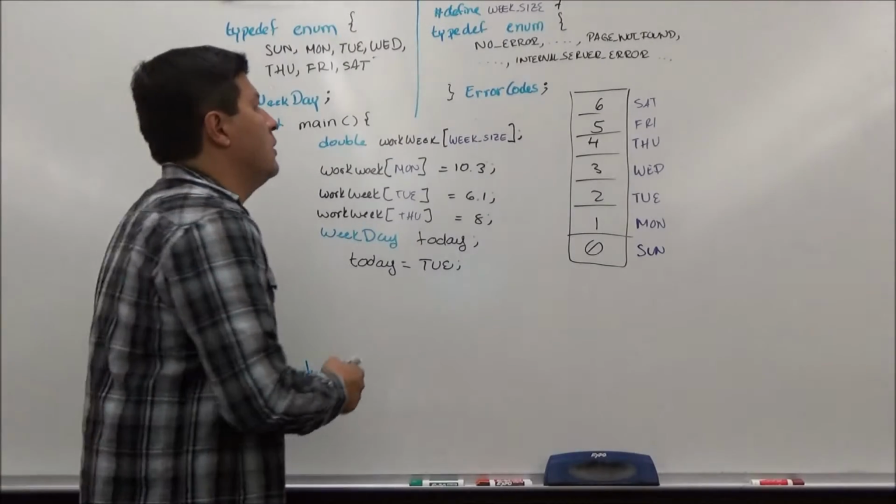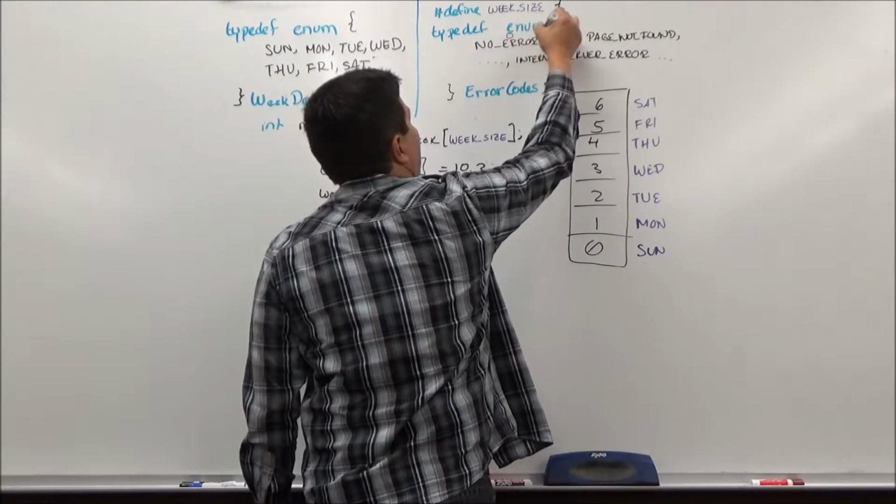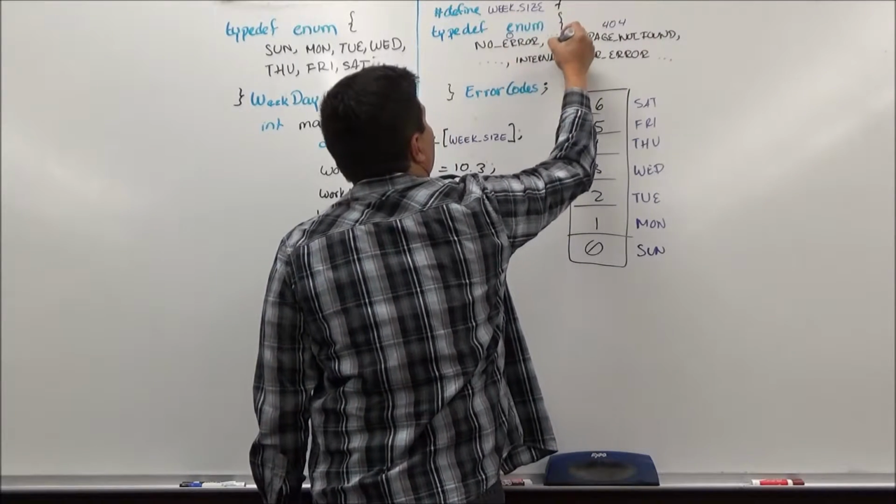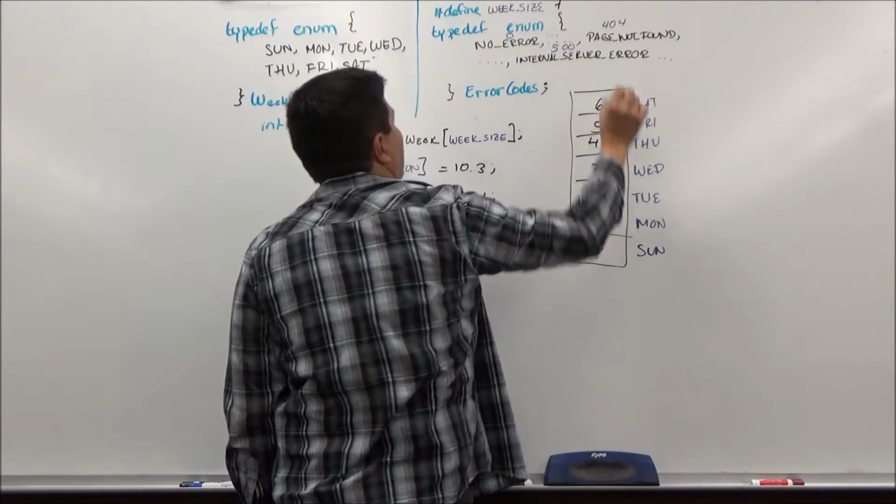So what it does is assign this value 0, 1, 2, whatever it got here to this one was item 404, this was 500, and so on.